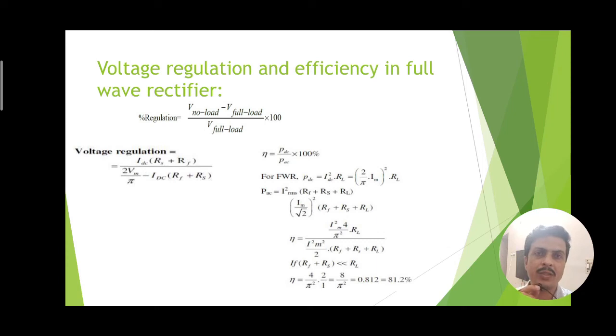The voltage regulation for the full wave rectifier is the ratio IDC into (RS plus RF) divided by (2 Vm by pi minus IDC into (RF plus RS)). If we calculate for the full wave rectifier, it is 81.2% as shown below. Here we have ignored the forward and source resistance compared to the load resistance, because the load resistance is dominating over the forward and source resistance.